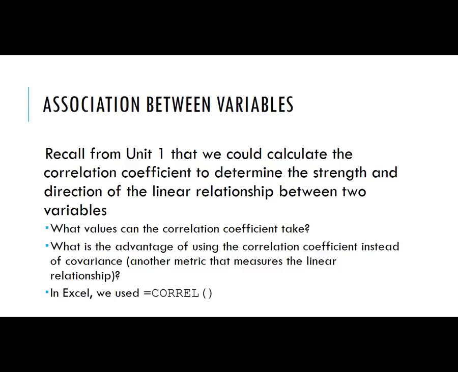Basically, the correlation coefficient doesn't depend on what units the variables are measured in. Covariance does. So you can't tell the strength of the relationship from the outcome of the sample covariance. To find the correlation coefficient in Excel, we use the built-in CORREL function, standing for correlation.